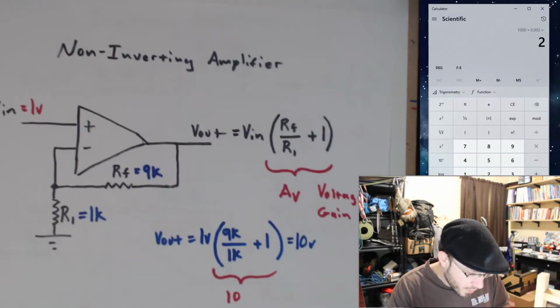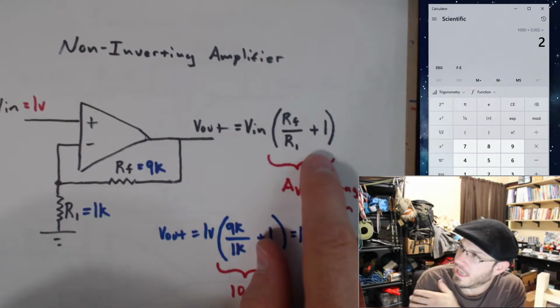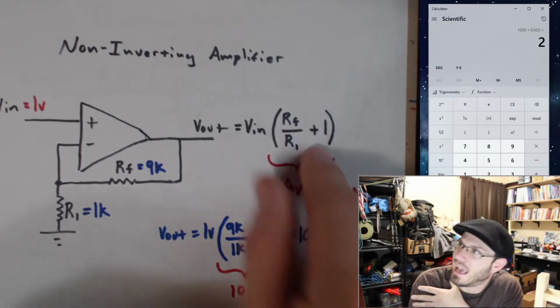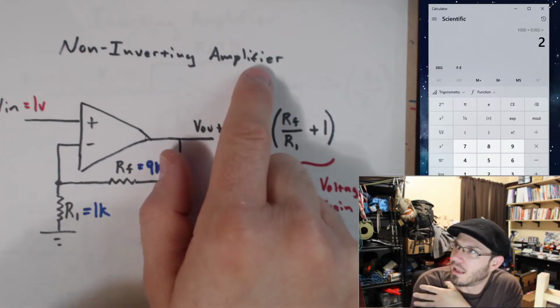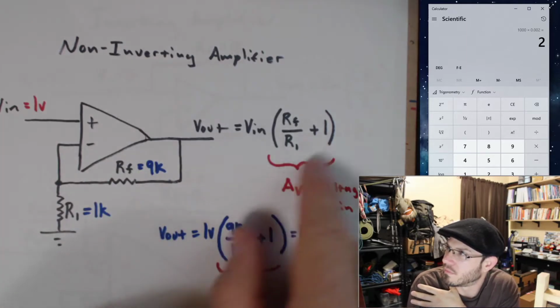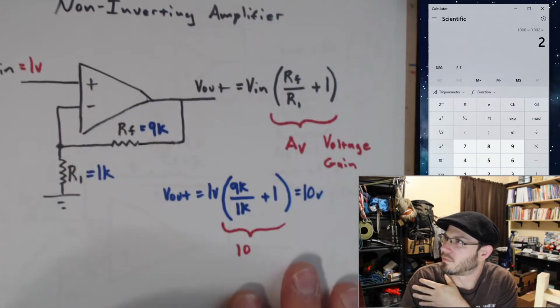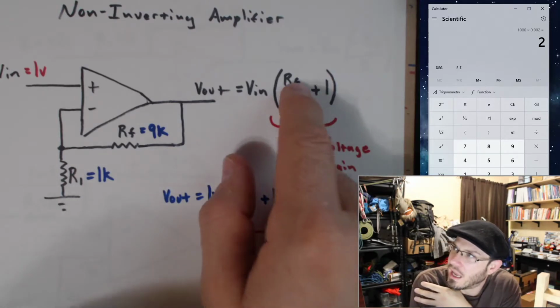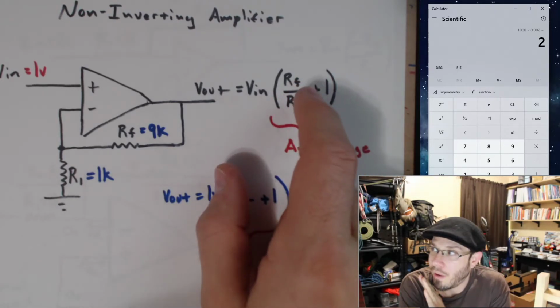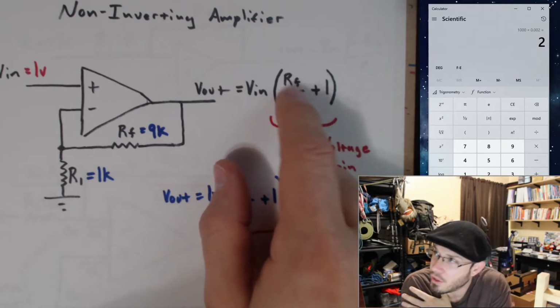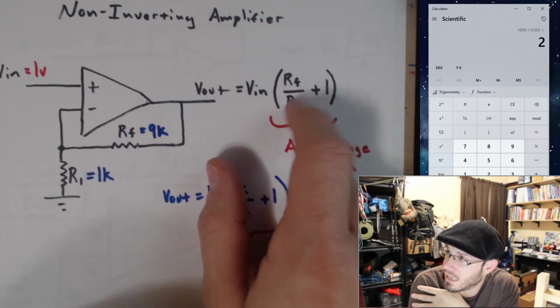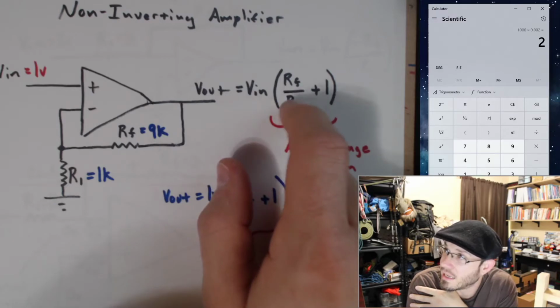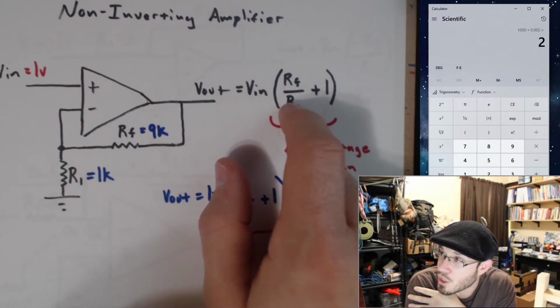And so the non-inverting amplifier, as nice as it is to have an amplifier, I cannot get unity gain out of this. I really cannot, practically speaking, pick values for these resistances that give me 0 in this. You could try.